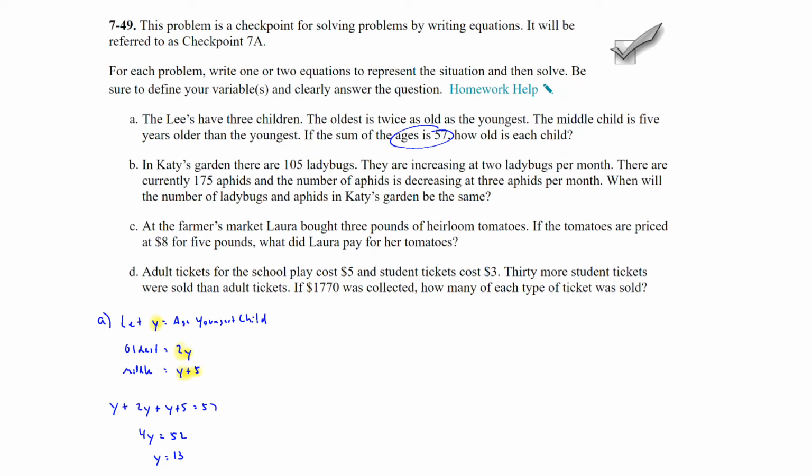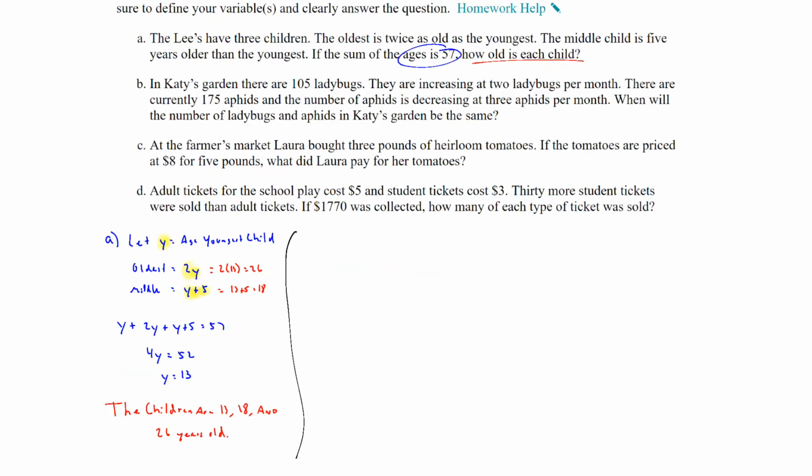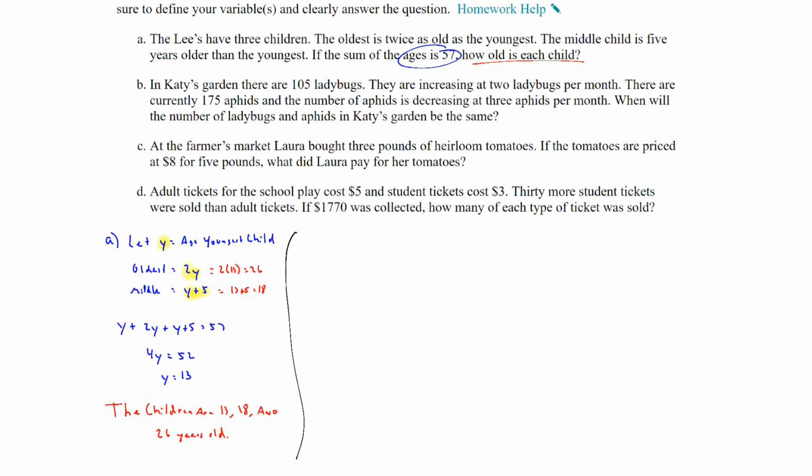The oldest is 2 times 13, so that's 26. And then the middle is 13 plus 5, and that would be 18. So how old is each child? We have a 13-year-old, an 18-year-old, and a 26-year-old. And make sure you answer that question, as you can see I did on the bottom there.